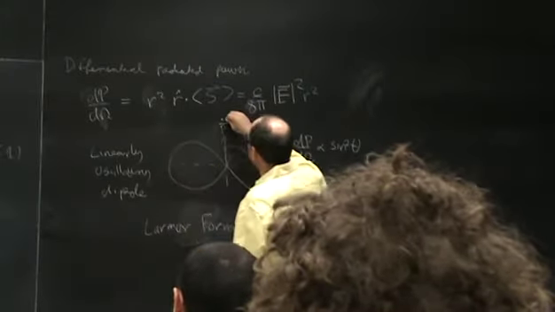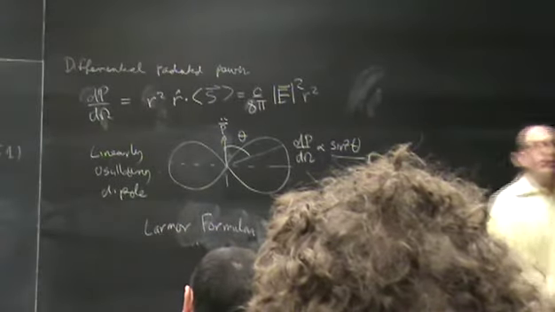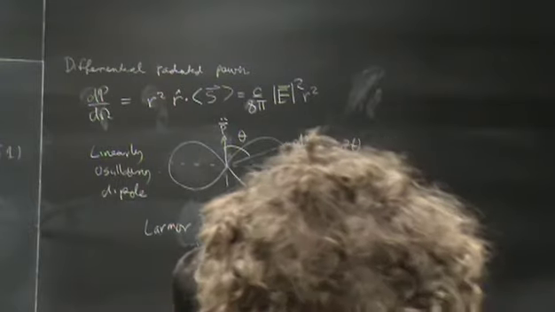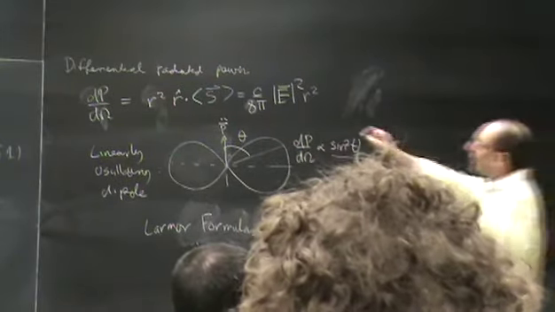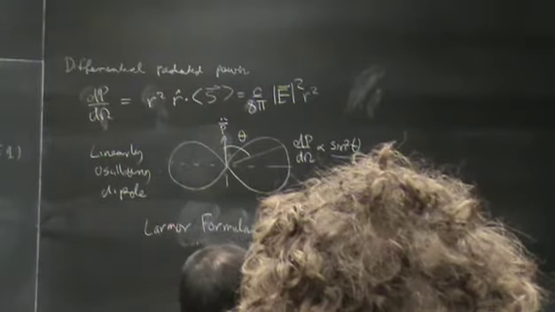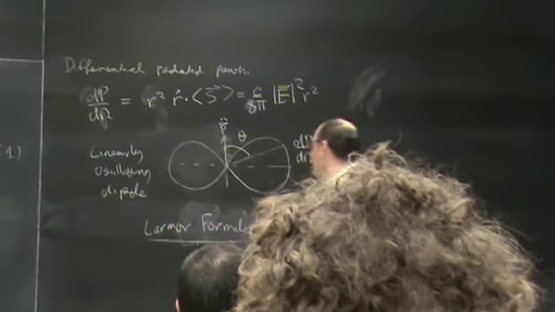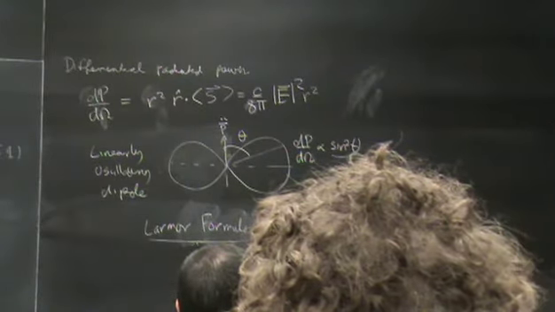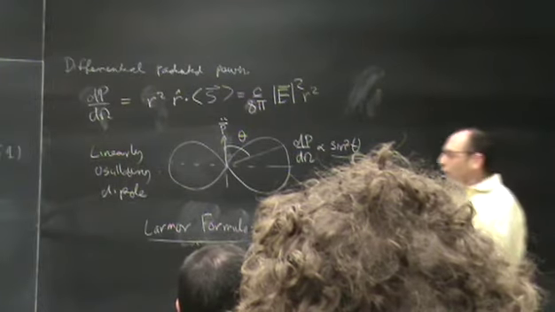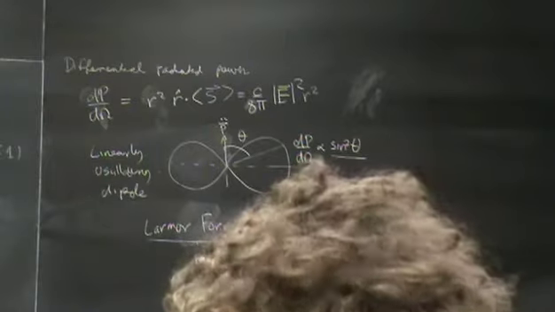For the case of a linearly oscillating dipole, we have this so familiar dipole radiation pattern, sine squared of the angle of observation relative to the direction of oscillation. And if we want to find the total power radiated, that gives us the Larmor formula, which we saw teaches us that the amount of power radiated depends on the acceleration of the charge. Okay?